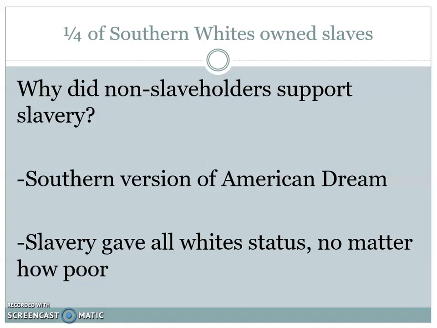Some Southerners even went so far as to argue that true liberty and equality for white people can only exist if there is slavery for blacks, because slavery makes all whites equal. So even the non-slaveholders of the South got some benefit out of slavery. Not much, but some. So all Southern whites liked slavery and wanted to preserve it.